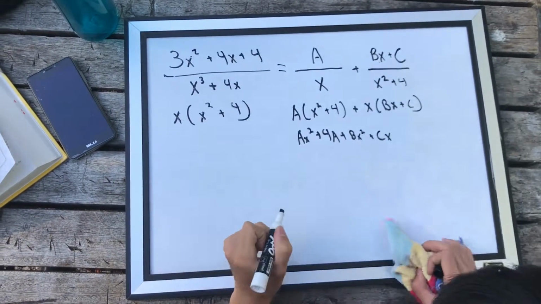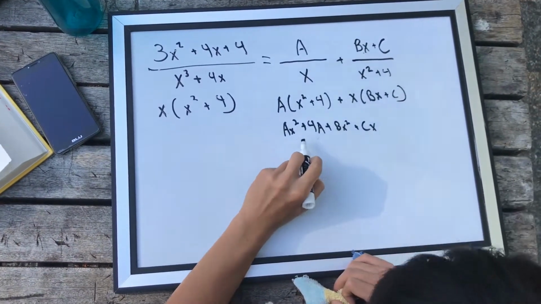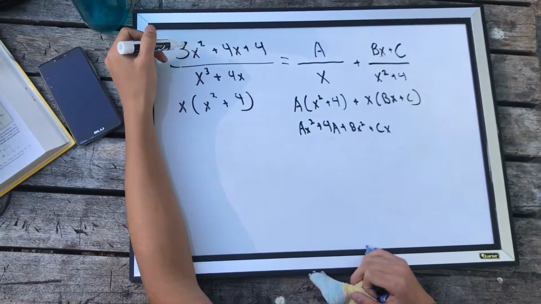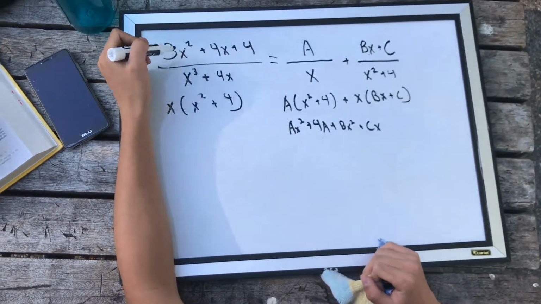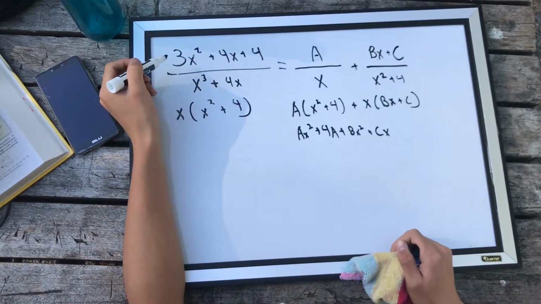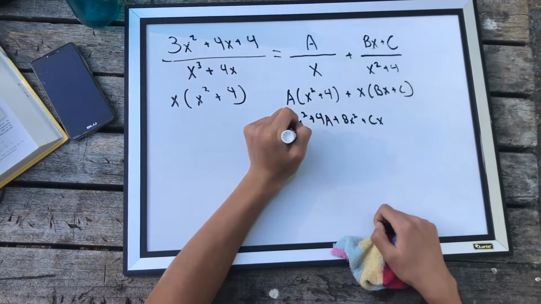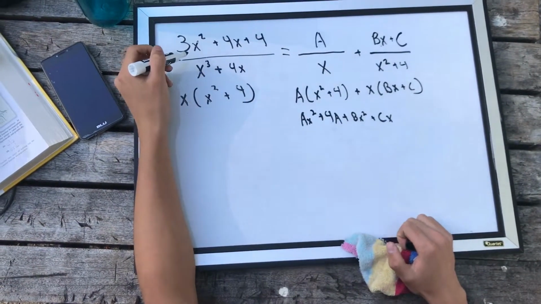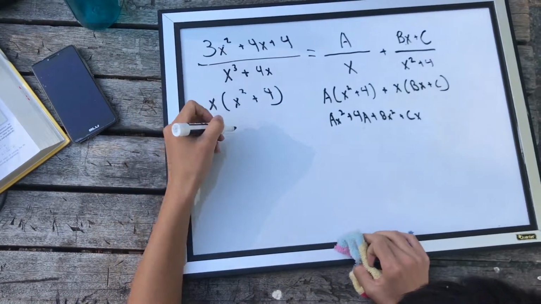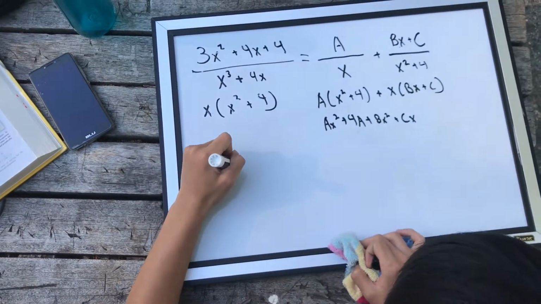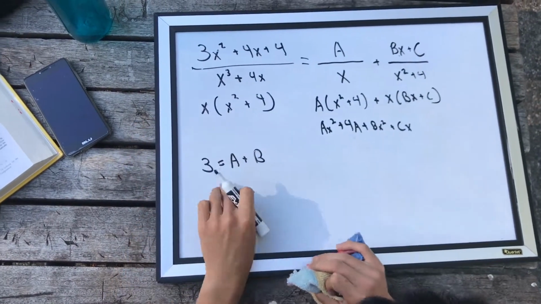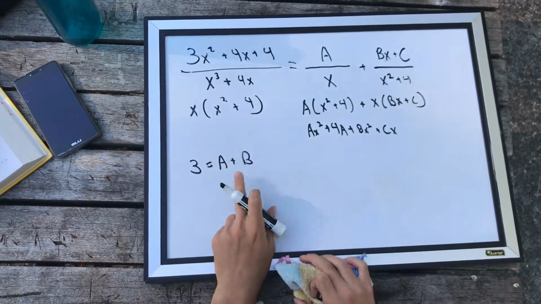Then, looking at the x squared terms, there are 3 times x squared, an a amount of x squared, and a b amount of x squared. So if we get rid of the x squared, that would be 3 equals a plus b, and that's the first equation we can use to try to find the variables a, b, and c.